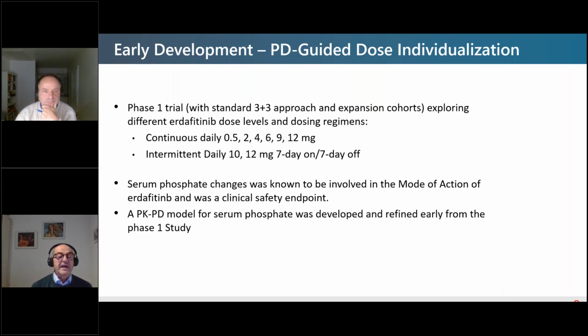Essentially, we had exploration of a wide range of doses from 0.5 to 12 milligrams once daily, and intermittent dosing from 10 to 12.